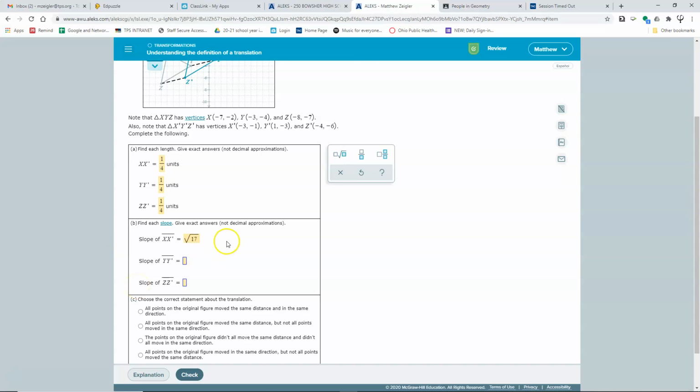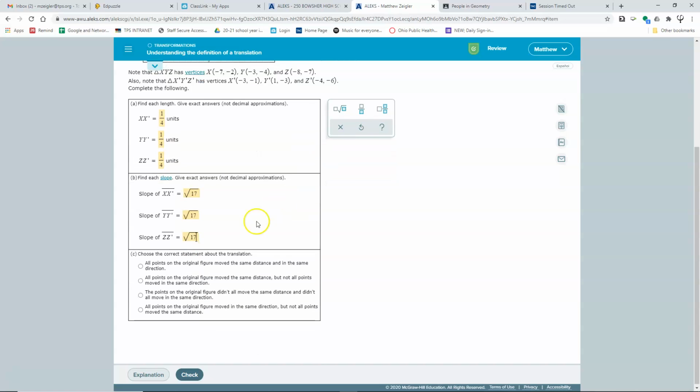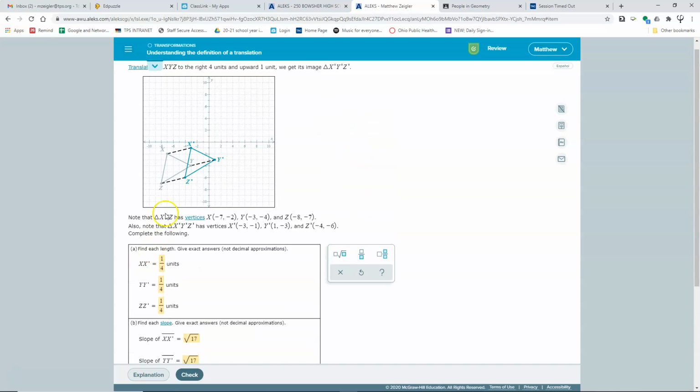Let me tab over to the next one. Perfect. Square root of 17. Tab to the next. Square root of 17. And let's see. All points on the original figure move the same distance and in the same direction. So now the correct answer is the first one, but the other 4 statements are all going to be the same. So again, all you have to do is pick one pair of points and do rise over run.